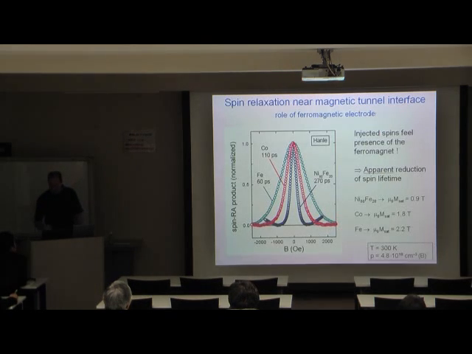And the first indication that this is actually an important factor comes from the fact that the Hanle line width that we observe in our structures depends on the type of ferromagnetic electrode that we use. So for iron, for example, the line width is much broader than for nickel iron, which would seem to mean that the spin lifetime in the semiconductor is reduced.